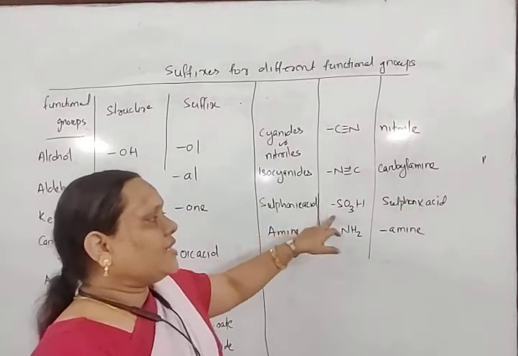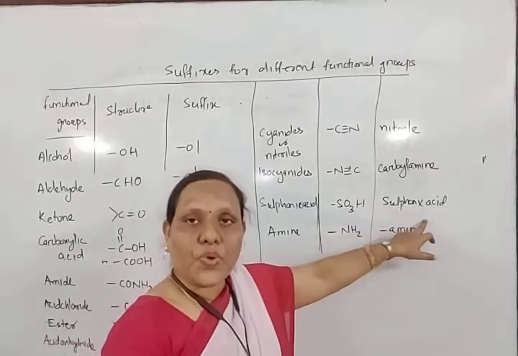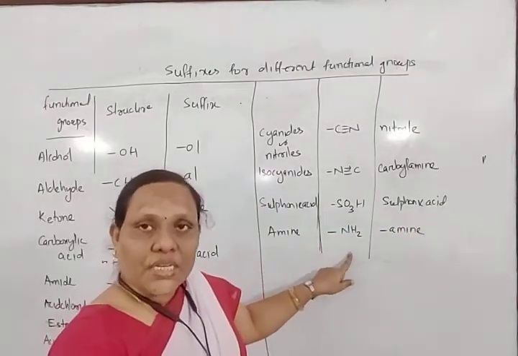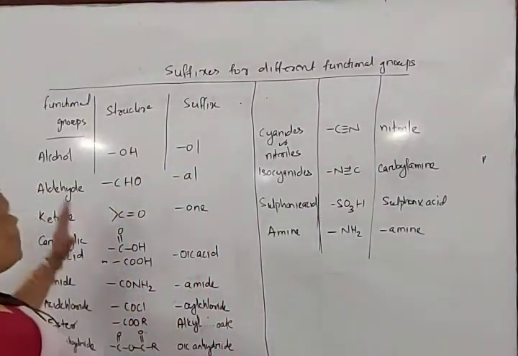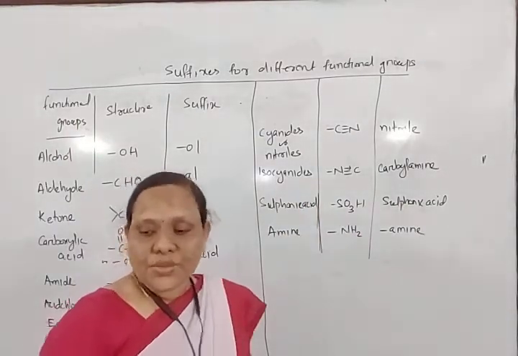For sulfonic acid, the functional group structure is SO3H, and sulfonic acid is used. For amine, the functional group structure is NH2, and amine is used. So these are the functional group structures and the suffixes used for them.